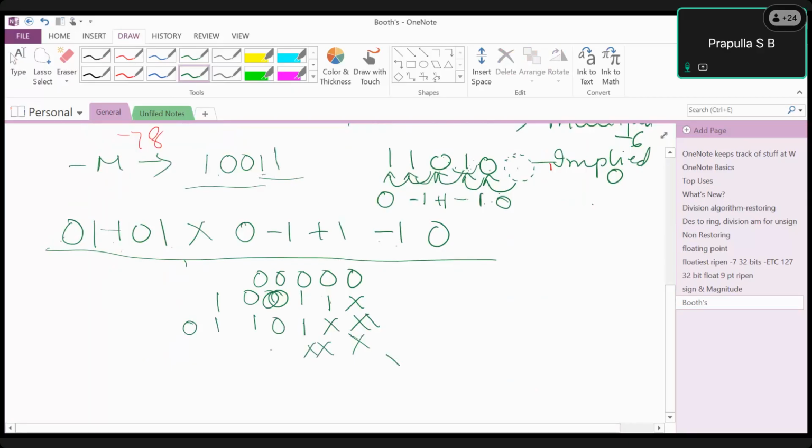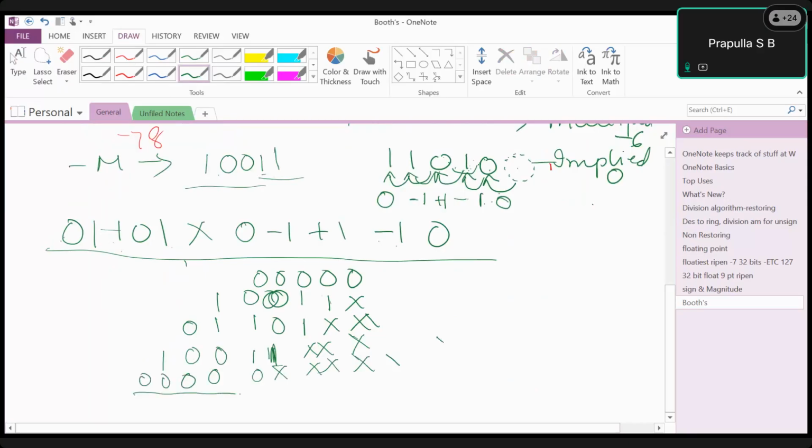Then it is -1. -1 means again you should write down -m here, 1, 0, 0, 1, 1. Then it is 0, so add zeros. How many zeros? 5 zeros, because there are 5 bits in the multiplicand.